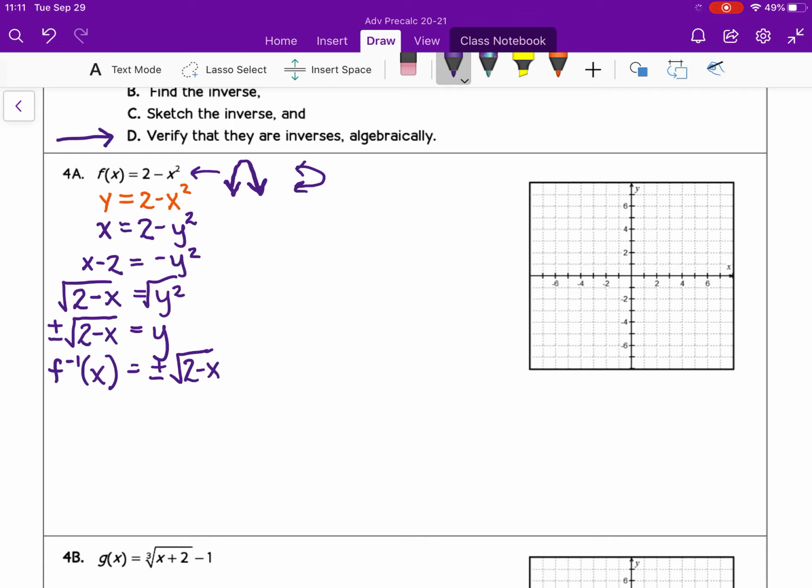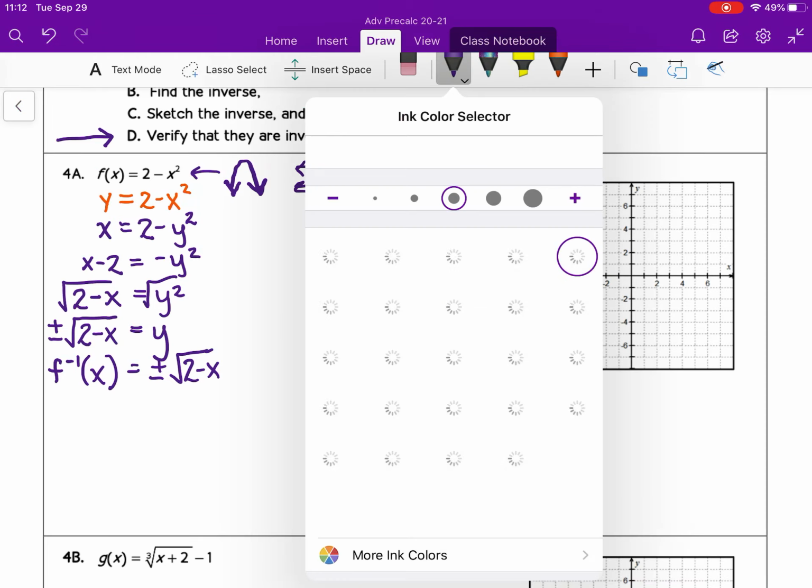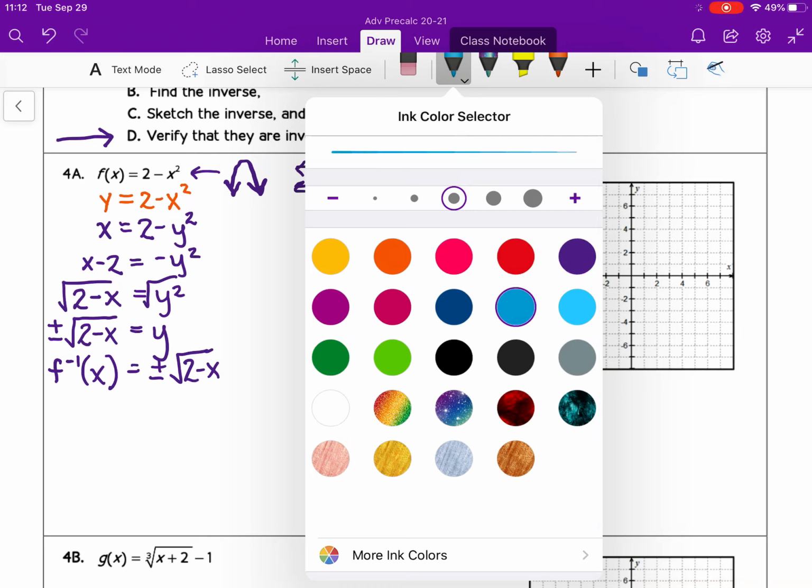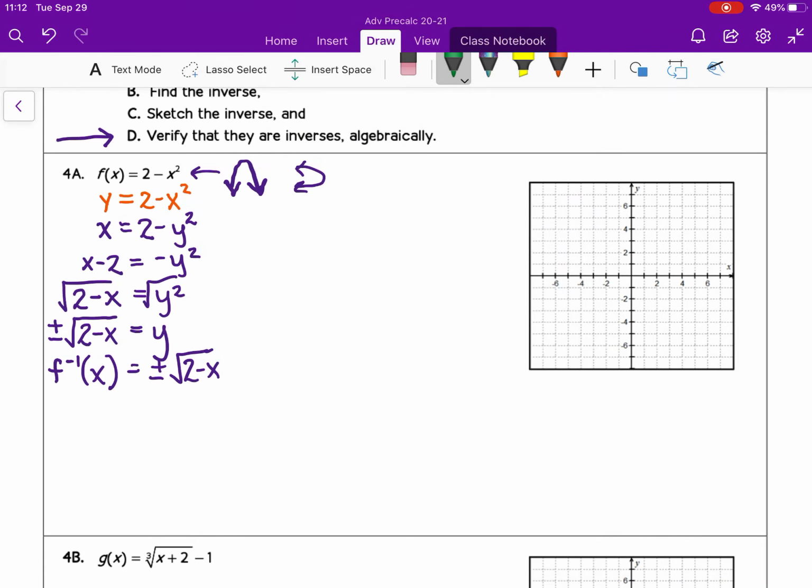Okay, so algebraically, how could we verify that they are inverses? There's a couple of things you can do, and honestly, the easiest way to do it is what we just did. If you're given two functions, is this an inverse of that? Find the inverse of one and see if it matches what the other one's asking you. That's totally okay. But in the proof world, I know that's a scary word because of our memories of geometry, but it's okay, I promise.